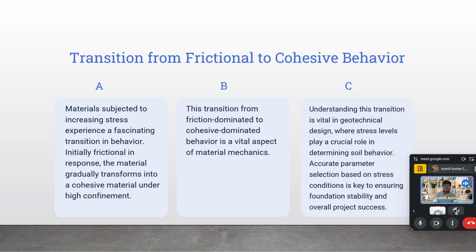Understanding this transition is vital in geotechnical design, where the stress level plays a crucial role in determining the soil behavior, and accurate parameter selection based on the stress condition is key to ensuring foundation stability and overall project success.